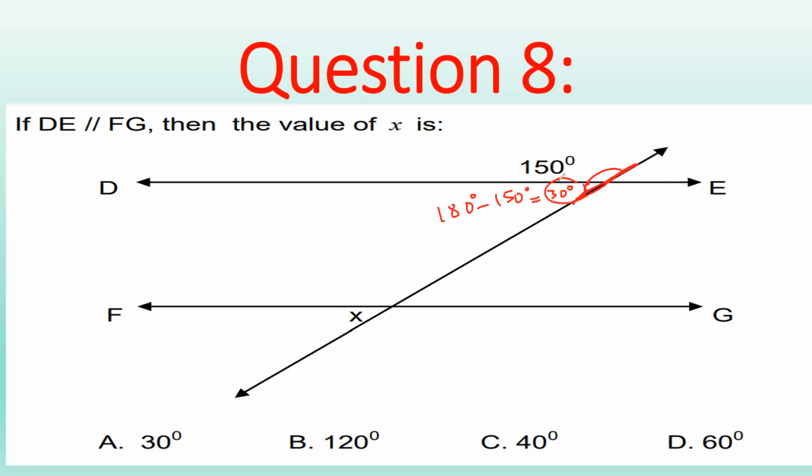Since they are parallel, X is also 30 degrees. Simple, just remember 180 for a straight line, a half circle. 180 minus 150 is 30, and they are in the same direction, so X and 30 are equal, and our answer is 30 degrees.